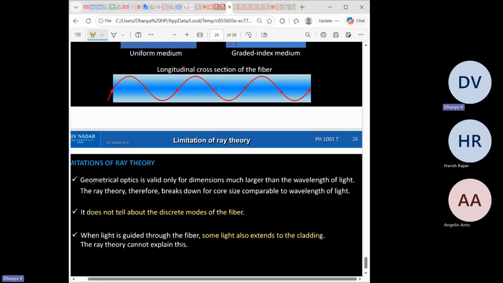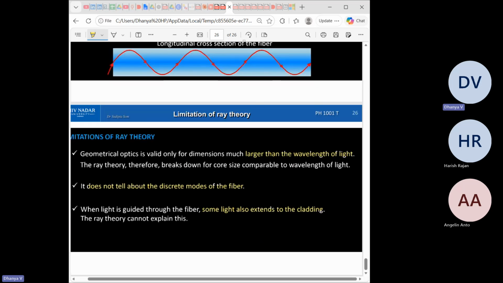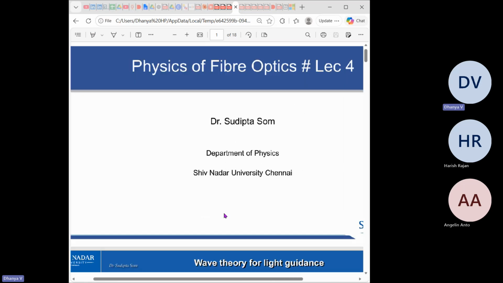And geometrical optics is valid only for dimensions much larger than the wavelength of light. So all of these rules that we have studied only work when the dimensions are greater than the wavelength of light. Otherwise, everything is redundant. So that's all. We'll just move to the next part.